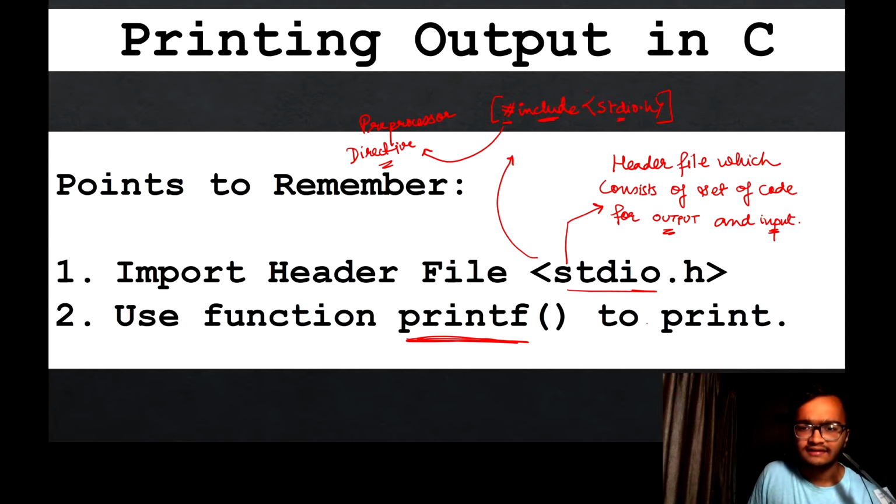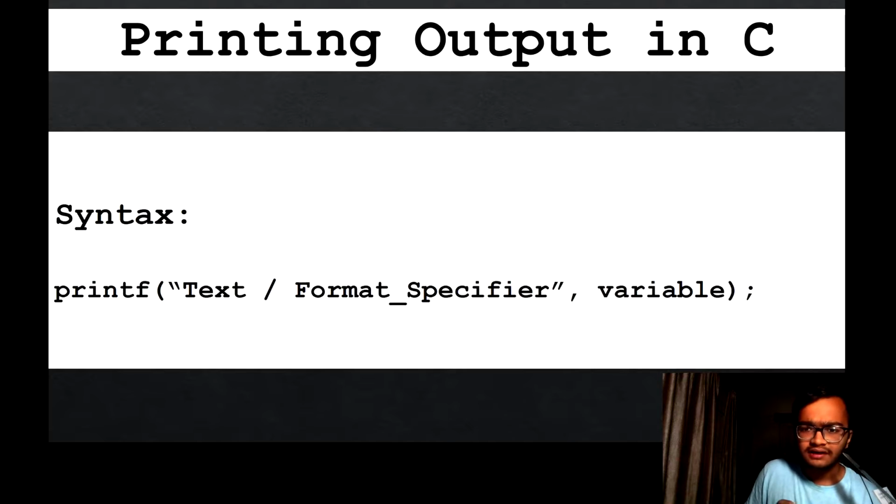Now let's have a look at the syntax to print. We write the function printf, and if we want to print some text, we have to keep it in double quotes, and if we want to print the value of a variable, we use a format specifier. We will learn about format specifiers after some time, but for the time being, let's consider that we only want to print text.